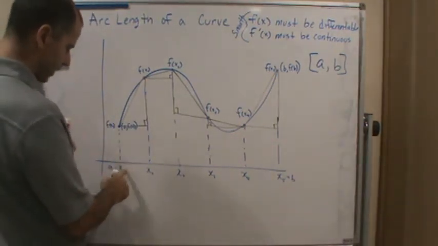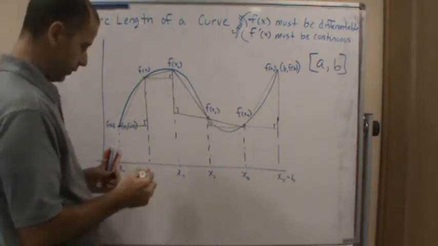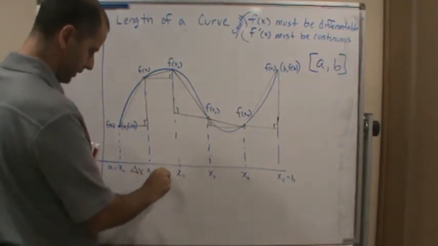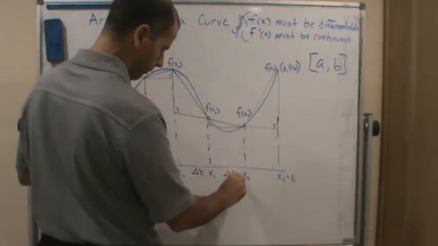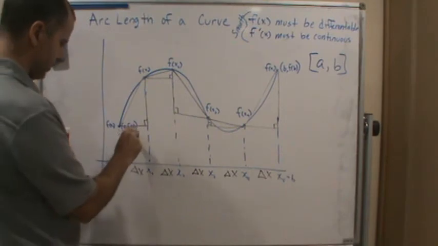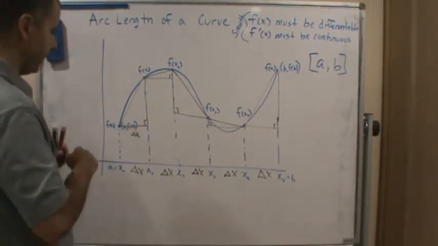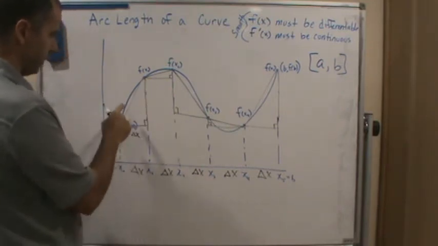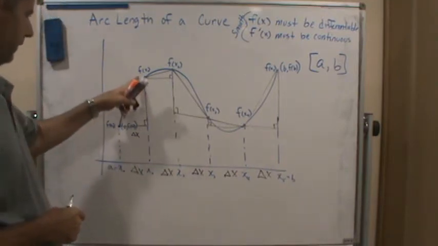Now what's the horizontal distance here? Since these are all regular subintervals, each one of these is going to be delta x. Now, the vertical distance is going to be what? It's going to be the difference between f of x0 and f of x1.